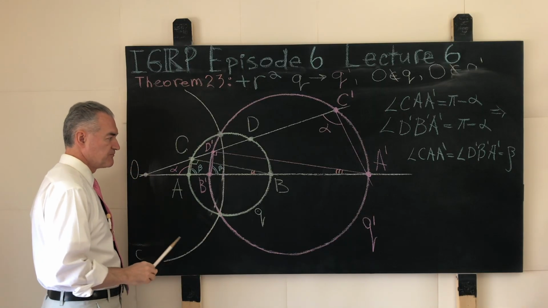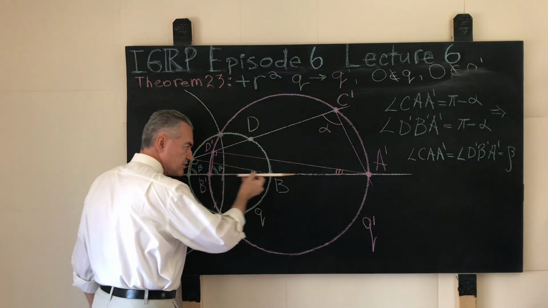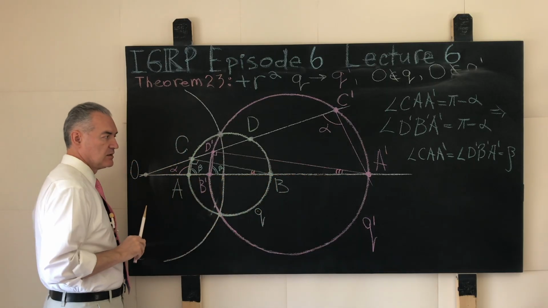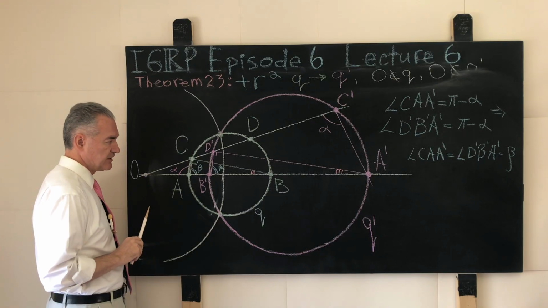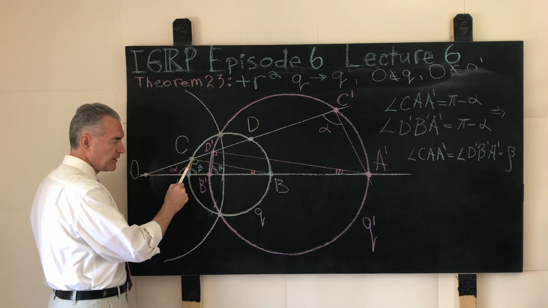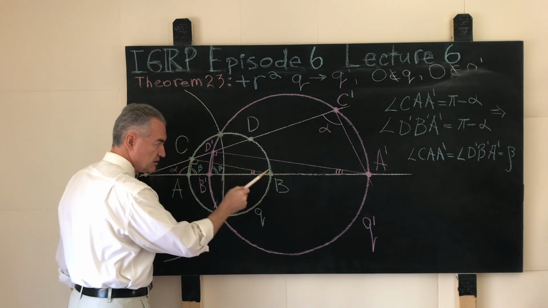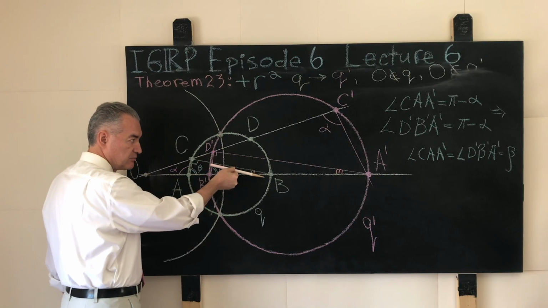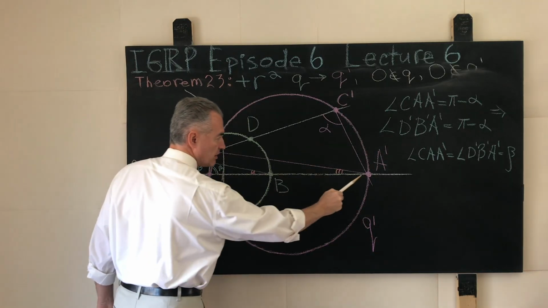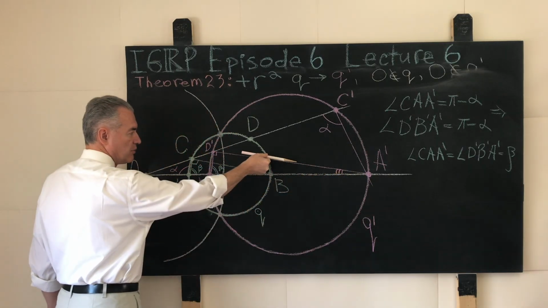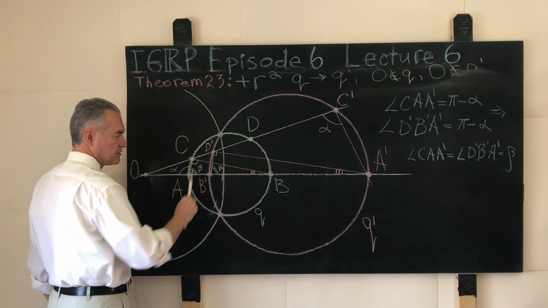I will not give them names, but you understand what is going on. And what does that mean? That means that due to how these triangles are positioned in our diagram, the straight line that passes through the points C and B is parallel to the straight line that passes through the points D prime and A prime. Parallel, parallel, parallel, parallel.